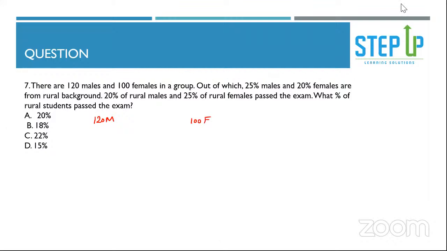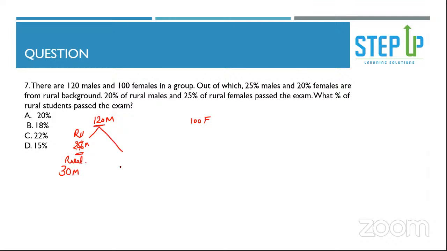Now, out of which 25% males and 20% females are from rural background. Right, that's correct, Sabyasachi. So 25% of 120 males, that is 30, are from rural background.